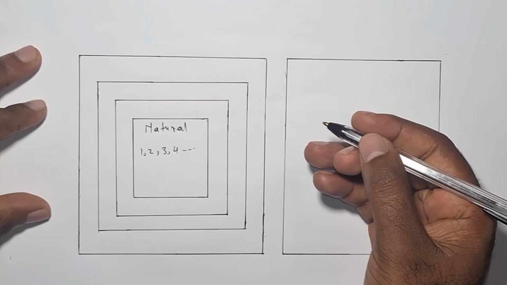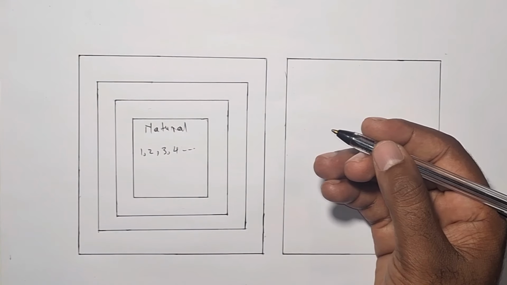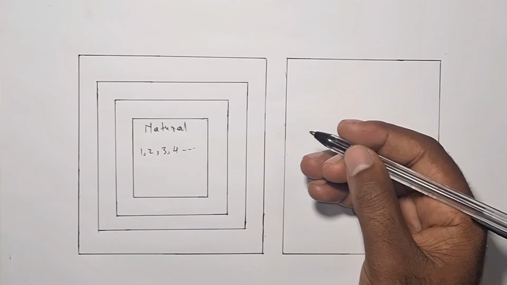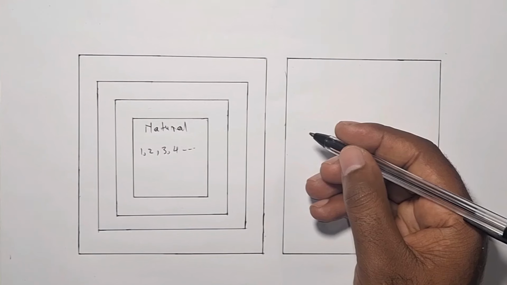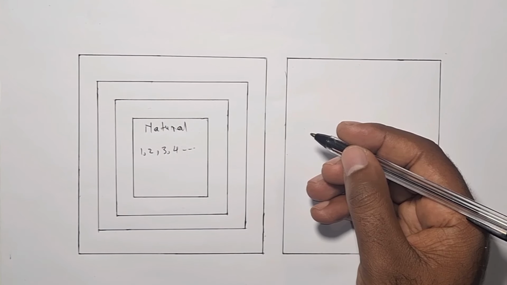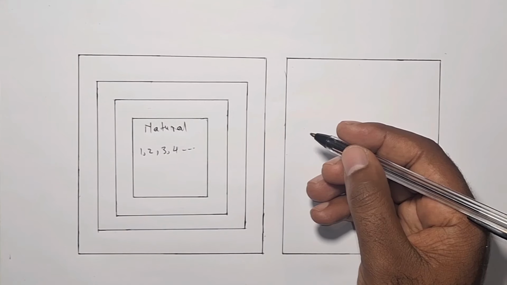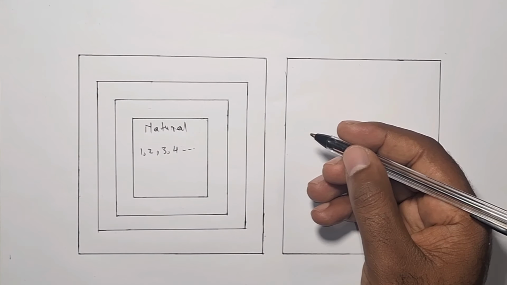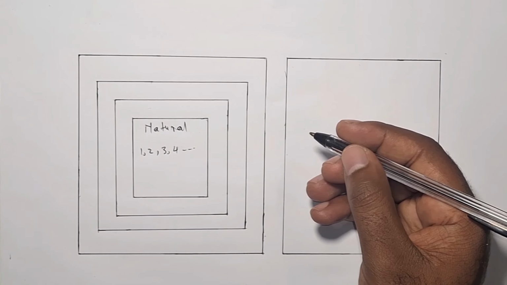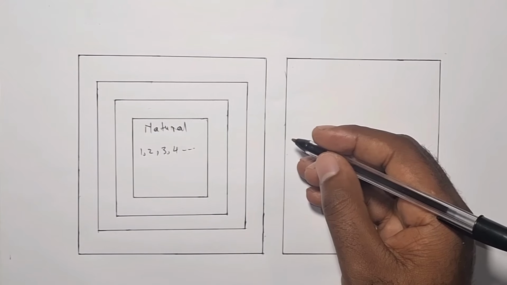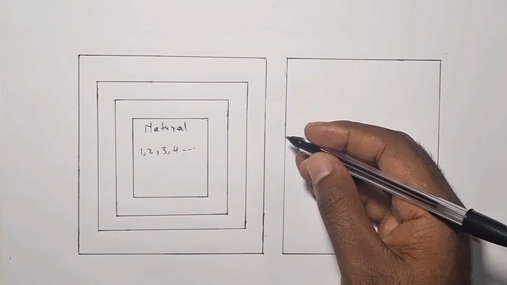So in simple terms, these are counting numbers because naturally we start counting from the number 1. For example, if I have 10 cows, I'm saying I have 10 cows because I started counting from cow number 1. So naturally we never start counting from 0, which is why these are called natural numbers.